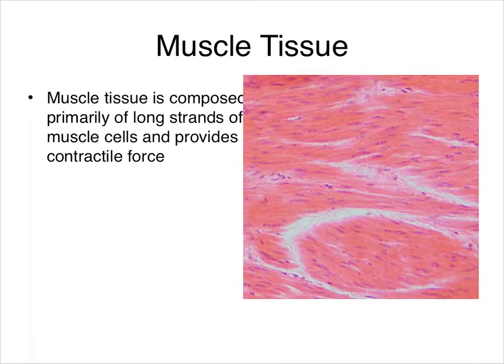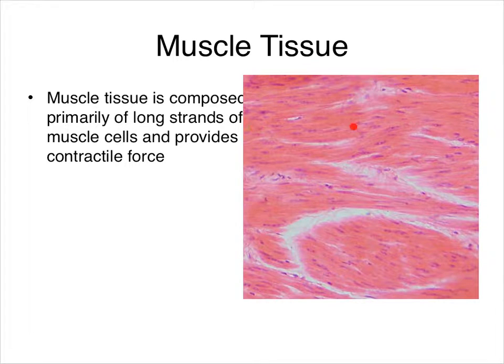Our third tissue type is muscle tissue. Muscle tissue will be discussed extensively in the section on muscles, which will be our third section in the course. And it consists of long strands of muscle cells. Sometimes you'll have individual fusiform cells that link together and would be called smooth muscle.